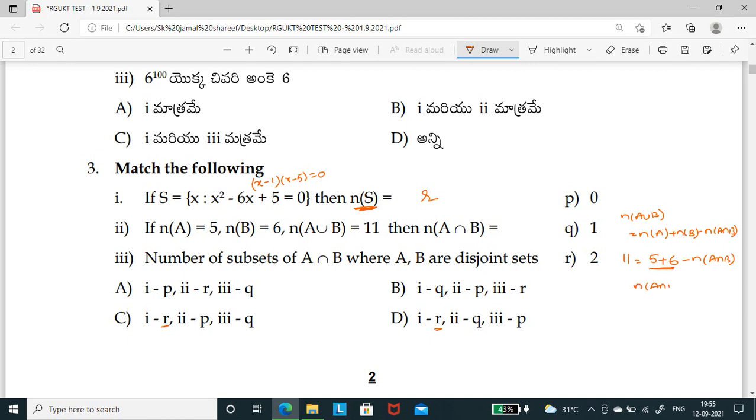From this, n of A intersection B is equal to 0. Hence option C will be my answer.